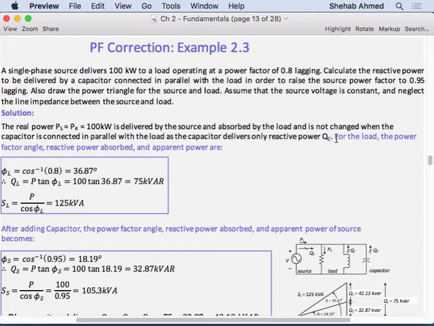For the load power factor angle, reactive power absorbed, and apparent power, we can calculate those as follows. Right? We calculated the original power factor angle from the inverse cosine of the power factor. So originally the power factor was 0.8, inverse cosine of that was 36.87, right? So we were able to draw the line or the trajectory for S, the apparent power.